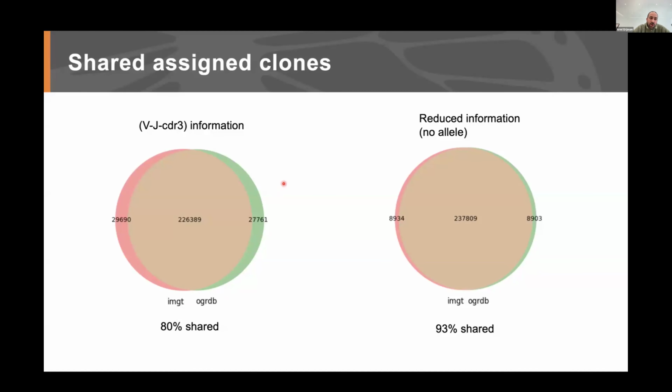And we defined a clone as the combination of V and J regions and the CDR3 amino acid sequence. So these are the numbers of unique clones that we see in the samples. And by using either IMGT or OGRDB, we shared about 80% of this clone definition.